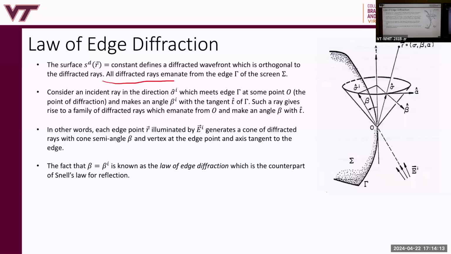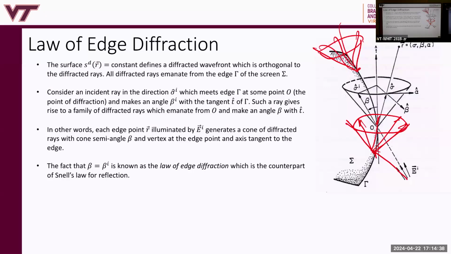All diffracted rays emanate from the edge gamma of the screen sigma. They all emanate from the edge at this point. If we consider a neighboring point, let's say here, then this has its own diffracted ray cone, right? And all points along this edge are going to have diffracted Keller cones, all right?